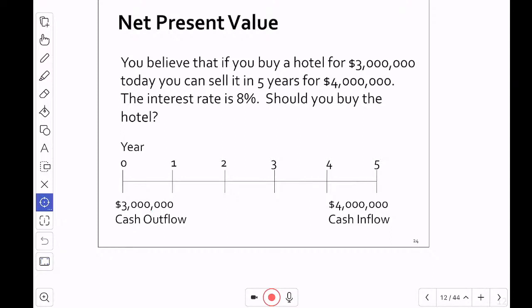$3 million becomes $4 million. Is it worth it? So one way you can do this is you can say, well, if I do option 1, which is buy the hotel, $3 million becomes $4 million.